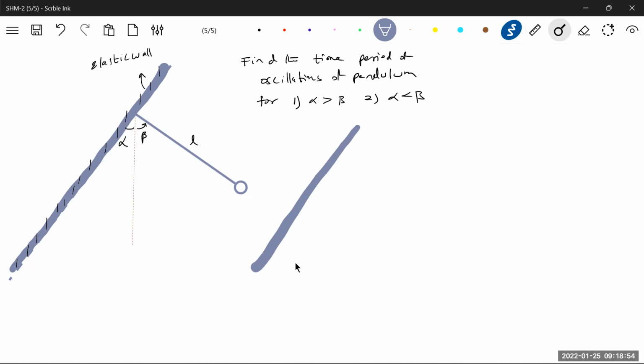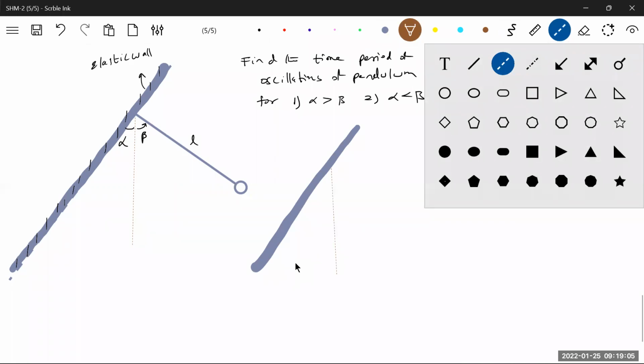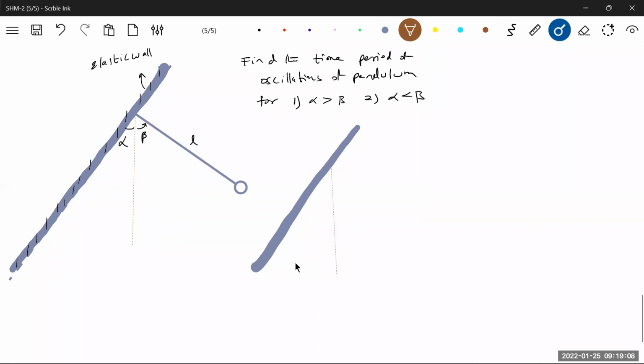Generally, directly take help of the basic diagram. So the pendulum will be oscillating, so here you can check it. This is alpha, this is beta. So there is no question of the bob going and colliding with the wall.